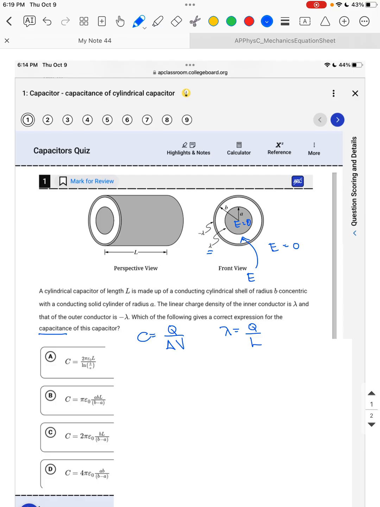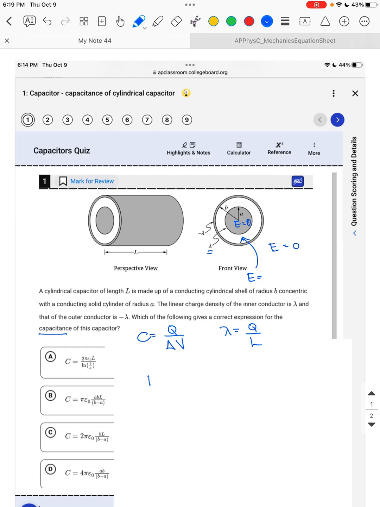And we can solve for delta V given that lambda as well. So the first thing we're going to do is use our electric field on the inside to figure out the change in potential on the surfaces from the inner surface of B to the shell at A.